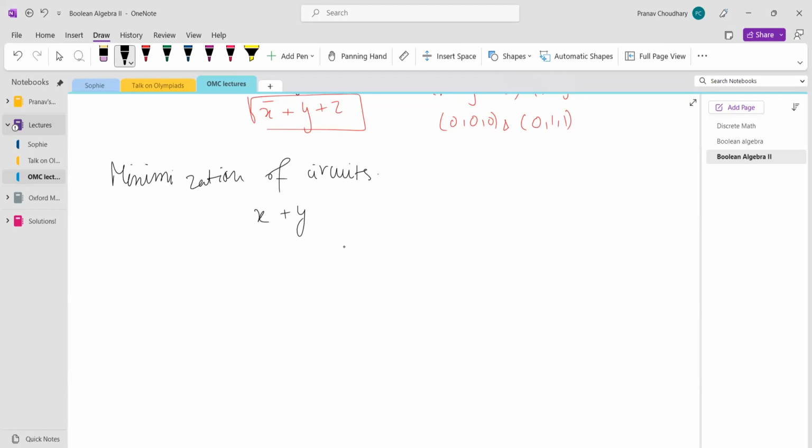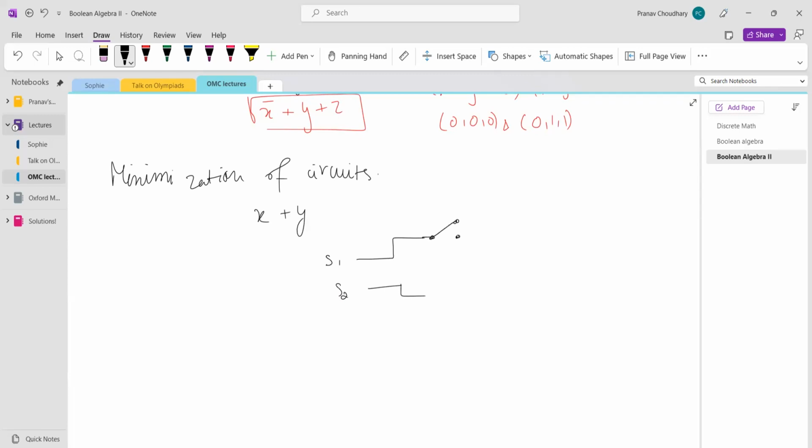So what it does is, signal one comes from here, and signal two comes from here.